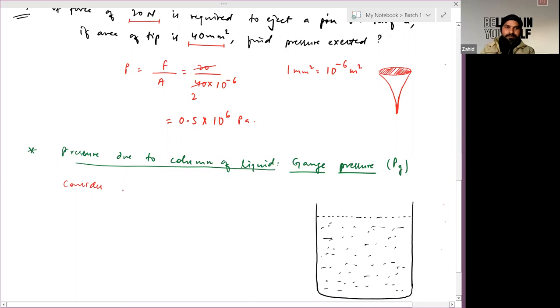Consider liquid having density rho in a vessel at rest.